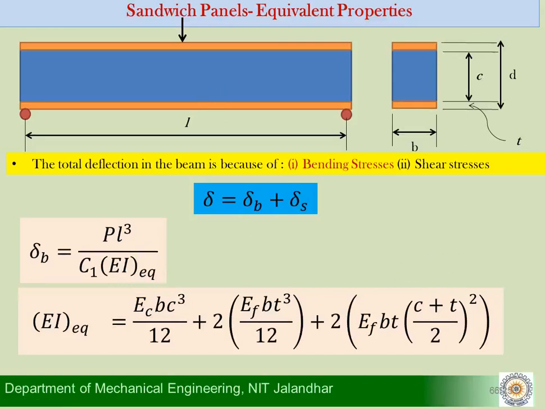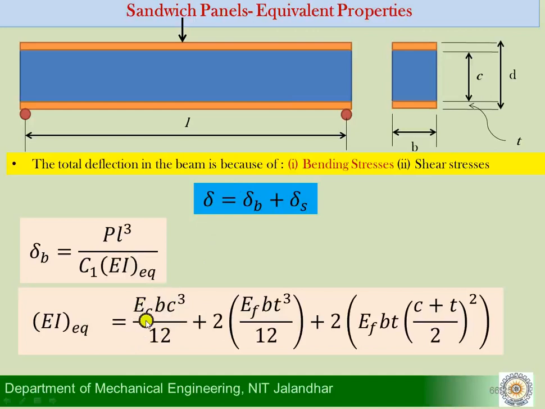The three terms, if you look at them carefully: the first term is about the flexural rigidity of the core material. It is EC into IC.